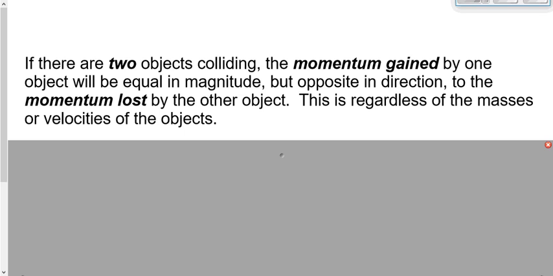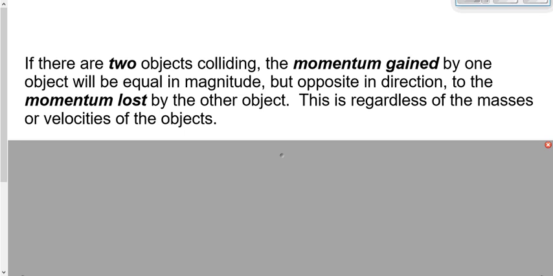Before we do that, though, I want to point out something that's really, really important. When you've got two objects, two vehicles, two cars, for instance, you've got data for car A and car B. What I want you to make sure that you do is focus on one of them. In other words, treat it like the problems that you've already done. Just because there's two objects doesn't mean it changes the problem. When we had the one car slowing down, we used data for that one car.